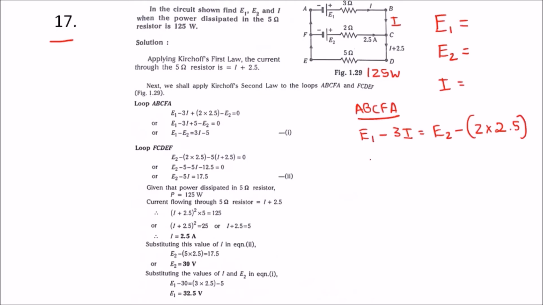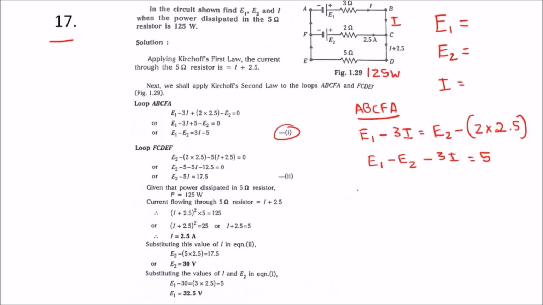So we'll get E1 minus E2 minus 3I is equal to 5. So this is the first equation as given here.